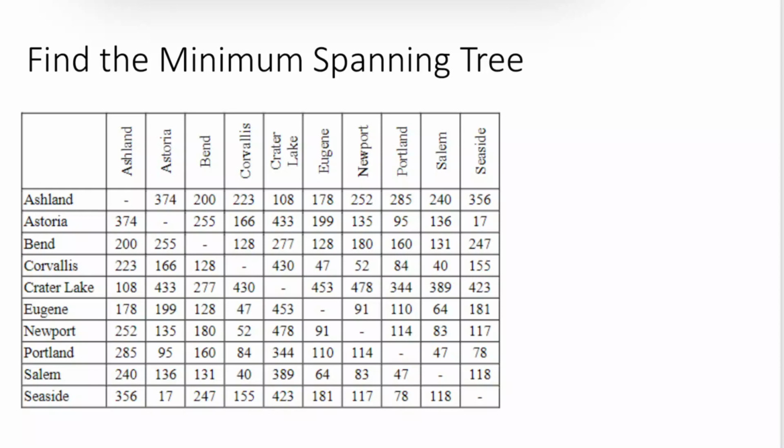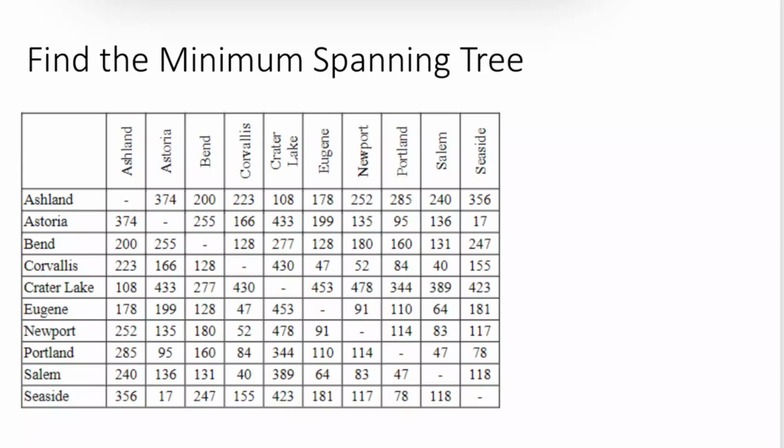And that's really hard to tell if you have a circuit in a table. So it's often helpful to draw out all of your vertices and connect them as you choose your cheapest edges to make sure that you don't have any circuits, because it's kind of hard to see circuits in a table.